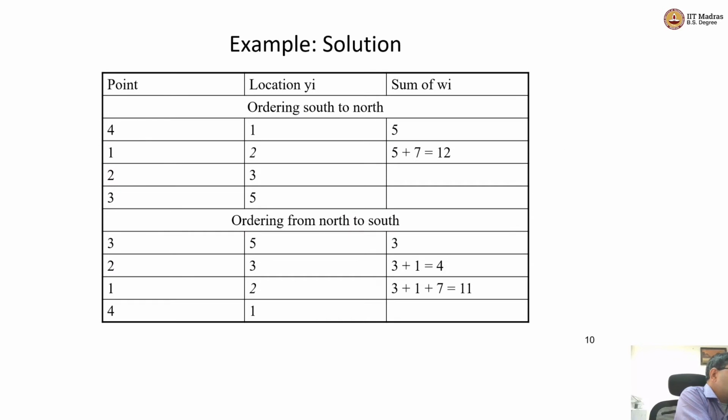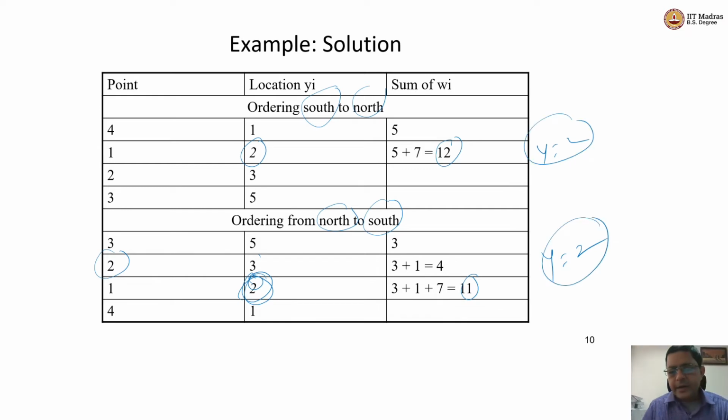So going from south to north, 2 becomes the location because my median is reached. Going from north to south, again point number 2 becomes the location. So I get a unique solution.